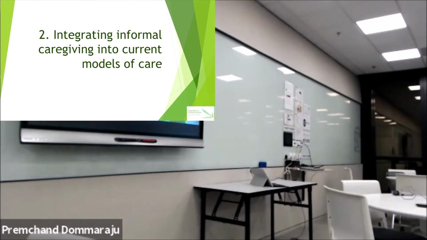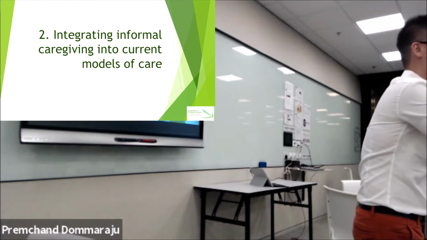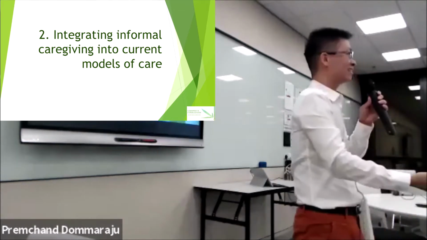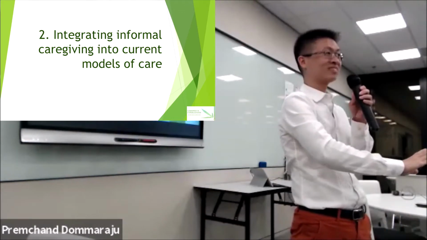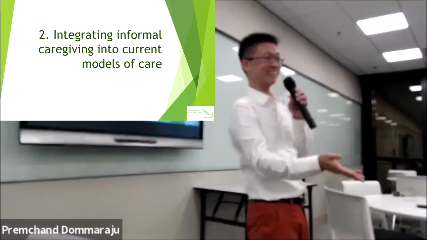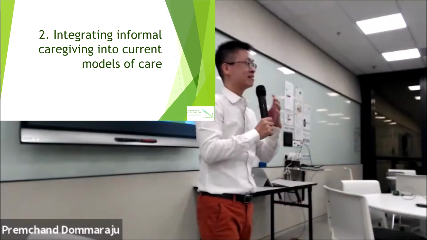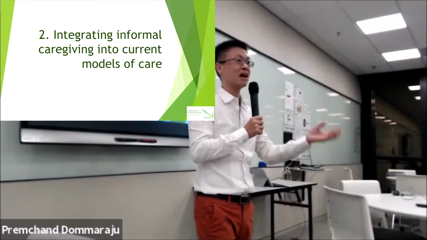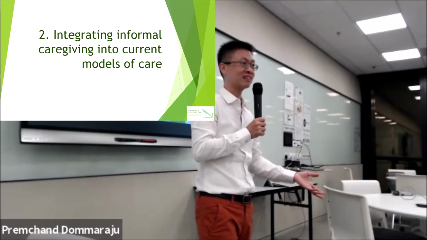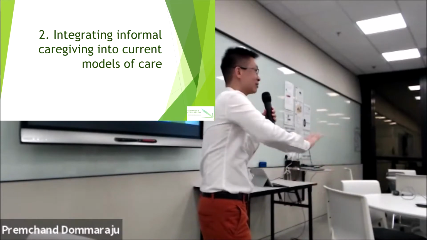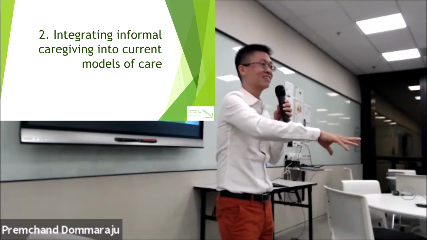Let's just train informal caregivers on working with GPs in the primary care setting, in the family medicine setting. Let GPs be their partner. In Singapore, we have GP partnership, isn't it? We have CHCs, community health centers. We have FMCs, family medicine clinics. Let's train caregivers to operate in that space. Good enough.